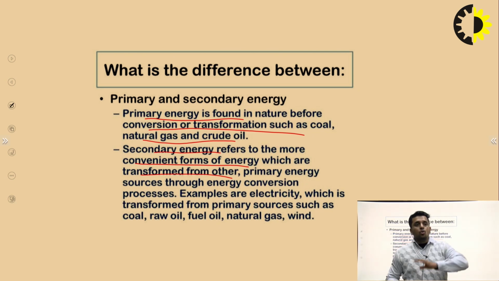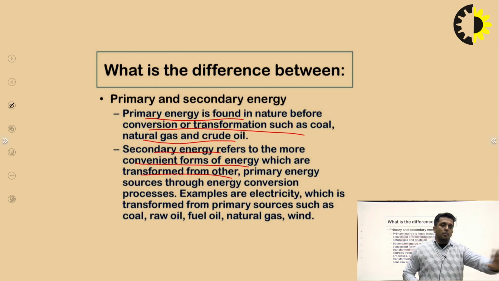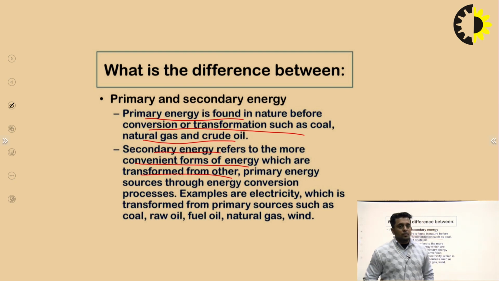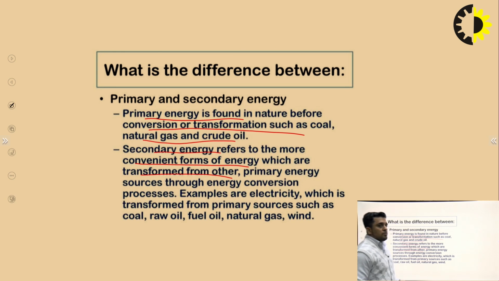Like if we are using coal directly, that is primary. But if we are using the coal for the conversion to electricity, that is in the secondary form. Electricity is a secondary source of energy. So that is the difference between the primary and the secondary energy sources. In the definition it has been said also: primary energy is found in nature before conversion or transformation, such as coal, natural gas, and crude oil.